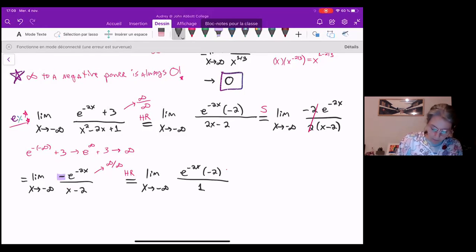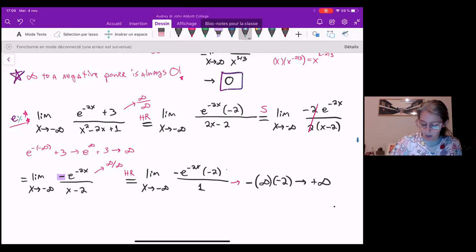So that means I'm going to have a negative out here as well. So when I plug in again, I'm going to get negative, and then that e to the negative 2x we said is a negative infinity, times negative 2, and that's going to give me a positive infinity as my final answer. So we used L'Hopital's rule 2 times, and we simplified in between.